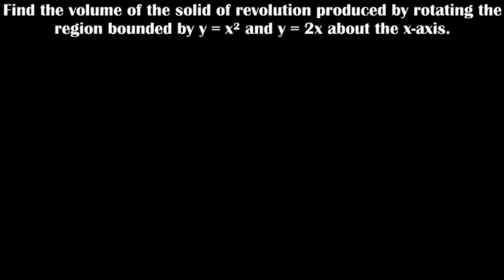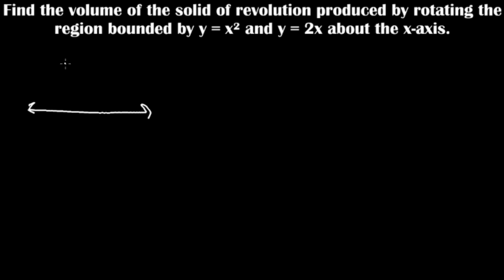Alright, our next problem is a solid of revolution problem. So let's do it. We're rotating the region bounded by y equals x squared and y equals 2x about the x-axis. And then we want to find the volume of the solid of revolution produced when we do that. So let's make a little sketch.